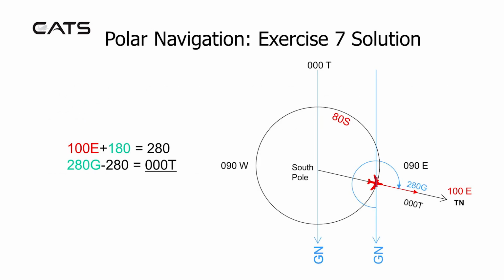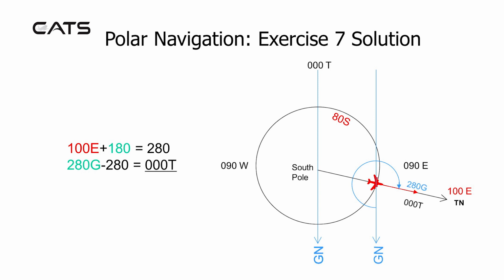Making a diagram of this, draw a circle with west on the left and east on the right. The south pole is the centre of the page, and at the top is 000. The aircraft is at 100 east, and this may be drawn round from the 000 at the top.